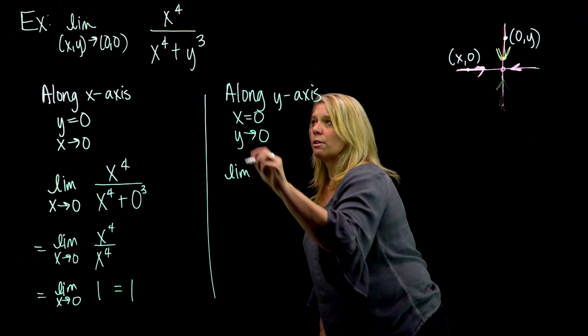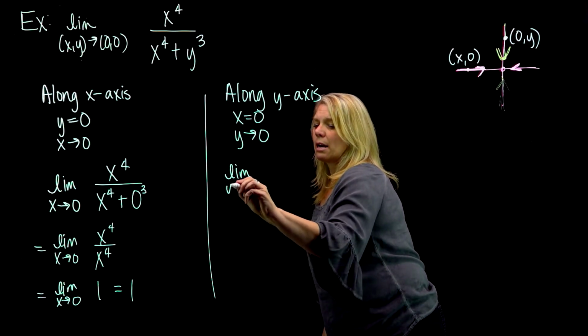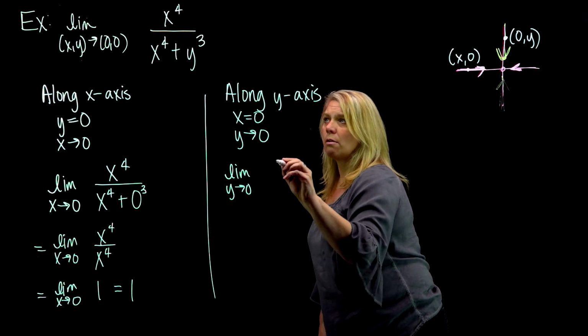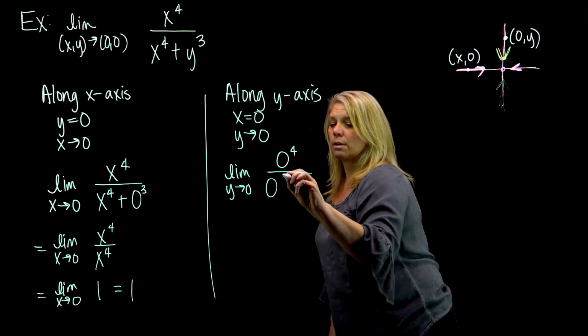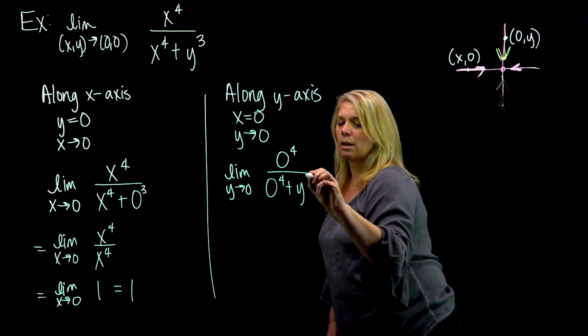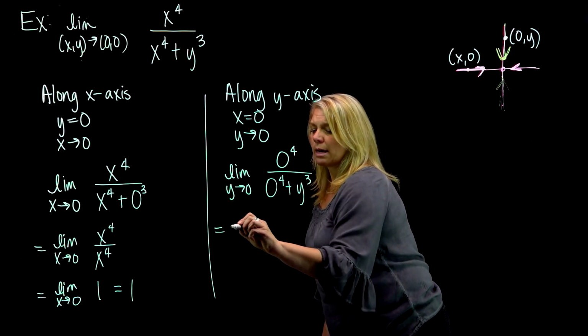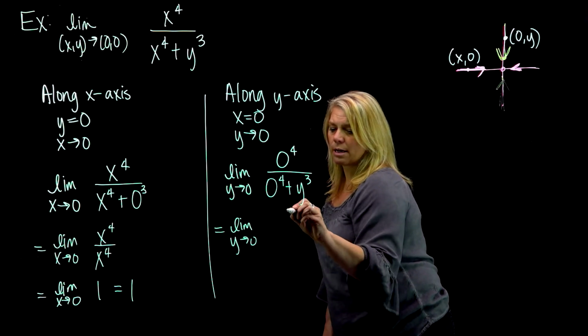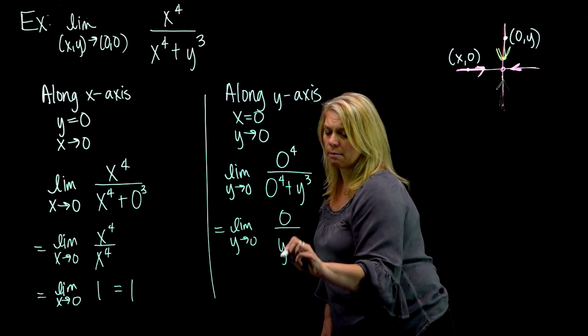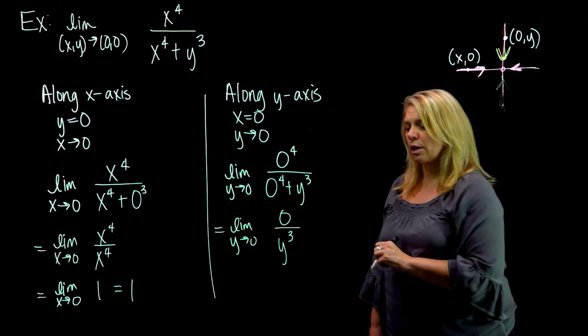So my original function, I will have limit as y approaches 0 of 0 to the 4th over 0 to the 4th plus y cubed. All right, so when I simplify this, the numerator is just 0, and the denominator is y cubed.